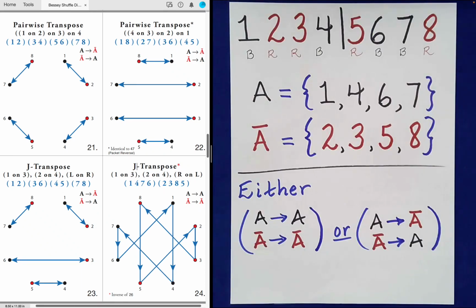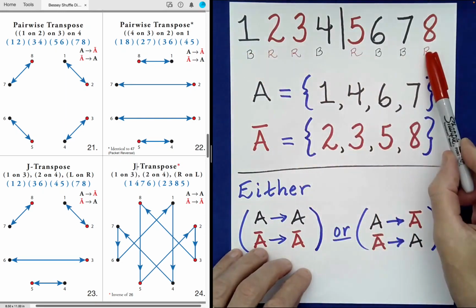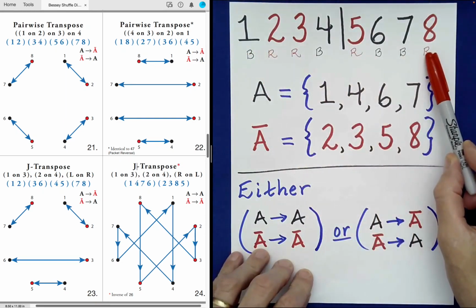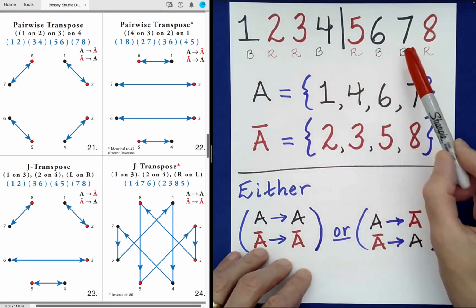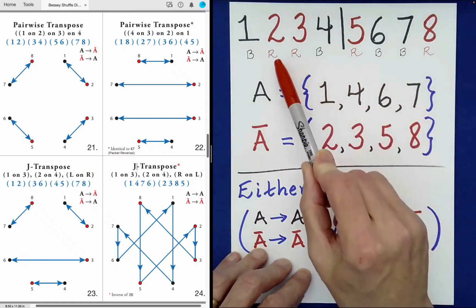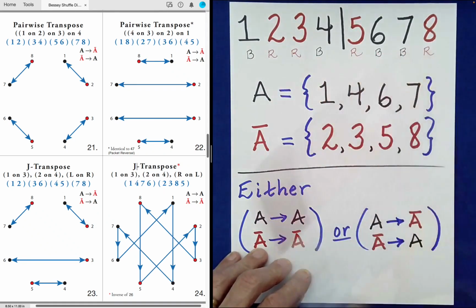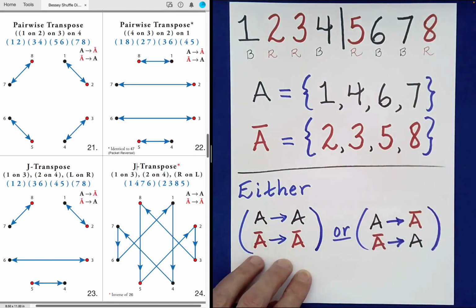Also recall that the position values of the cards we will look at have been color-coded as follows. Positions 1, 4, 6, 7 have been color-coded black, and positions 2, 3, 5, 8 have been color-coded red. In what follows, one of two outcomes will occur.